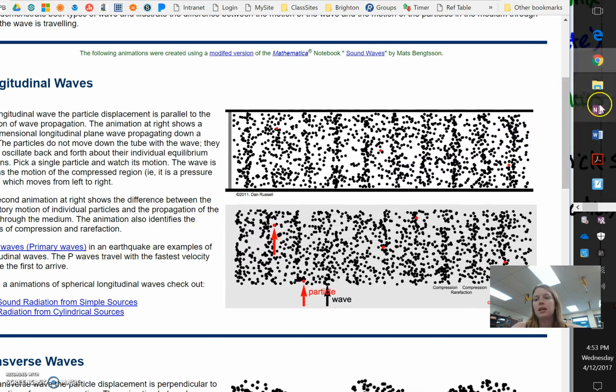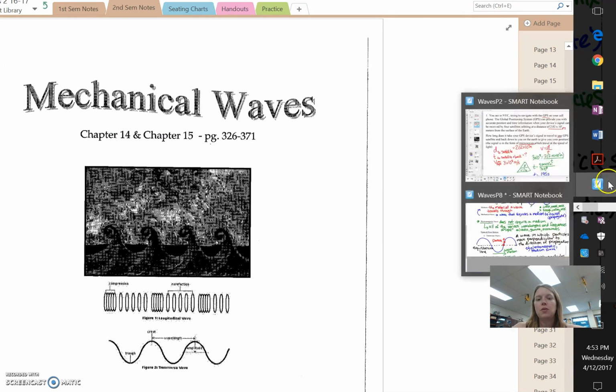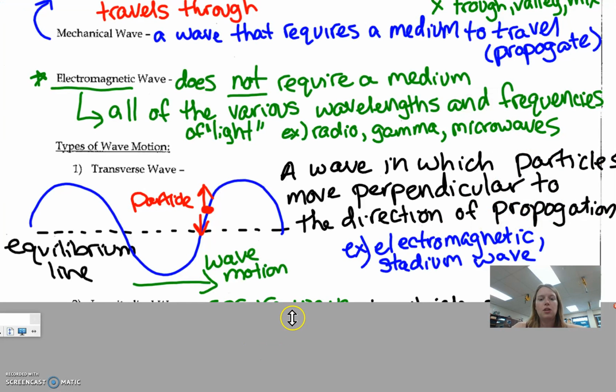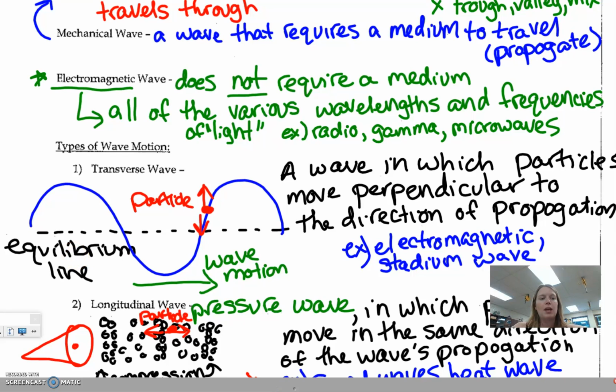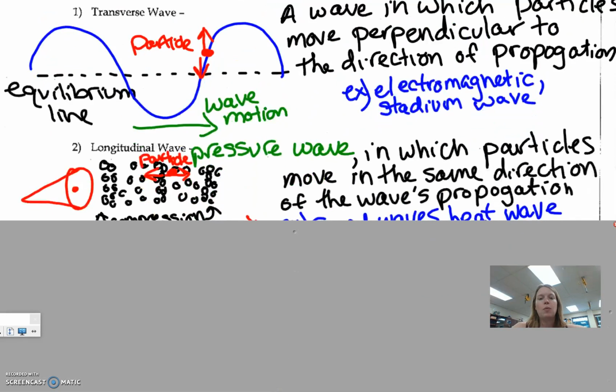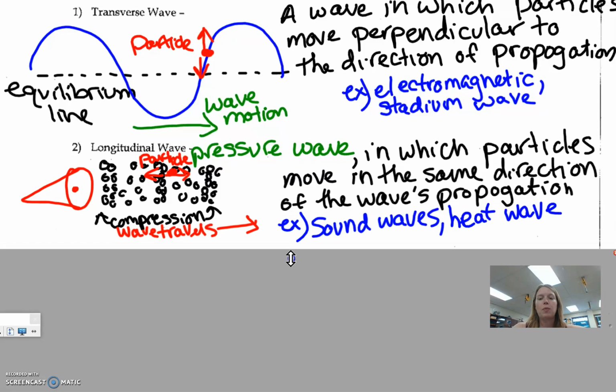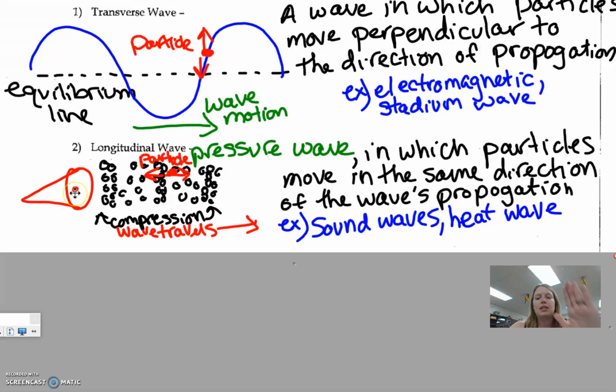We see these in a lot of different places. So back to the notes: a longitudinal wave, or a pressure wave, is a wave in which particles move in the same direction as the wave's propagation. Here's our speaker, and the diaphragm of the speaker pushes on the molecules of air, and it creates these peaks and troughs, which are really compressions and decompressions, or a fancy word for that is rarefactions.